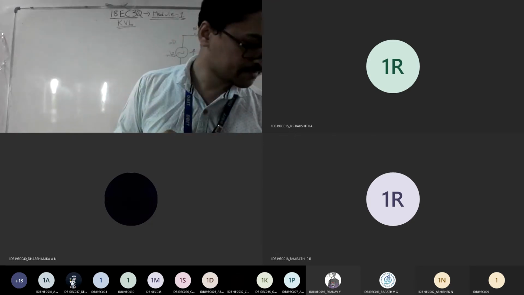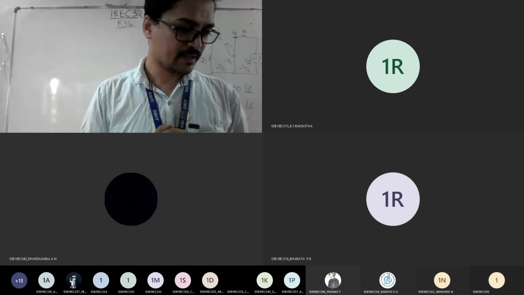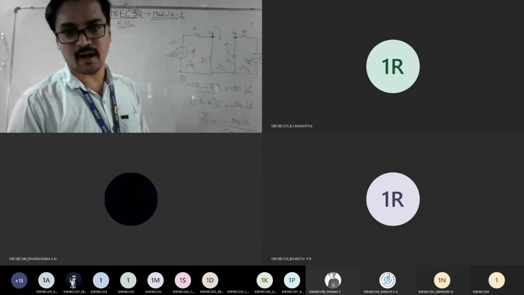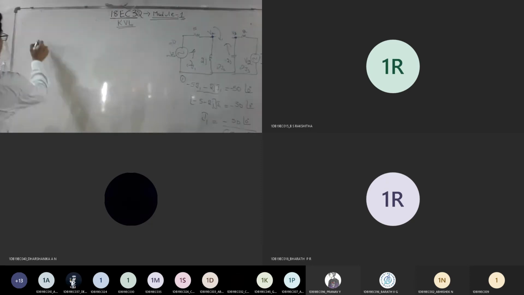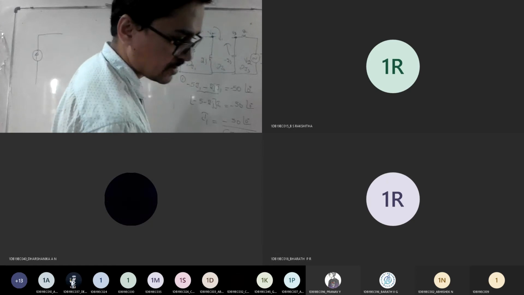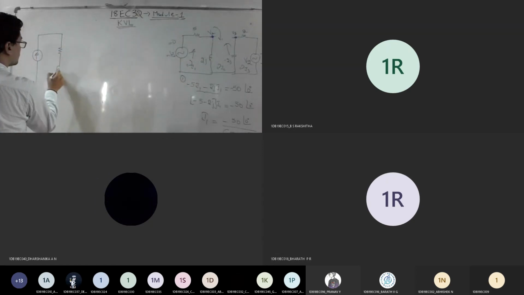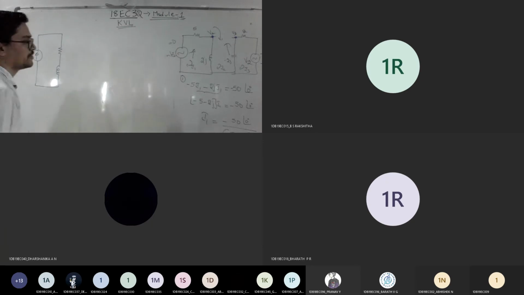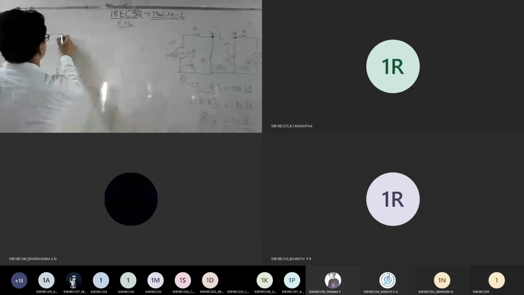Go with the next question. Obtain the current through the load resistor R for the network shown below, using mesh analysis.